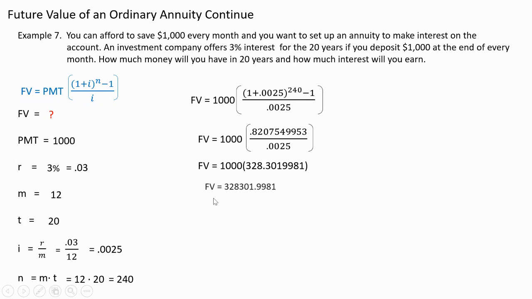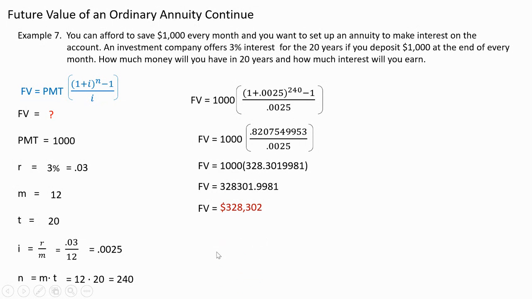Then you multiply it by 1,000, because that's how much you were depositing every month. So you're going to get $328,301.99, but this rounds up to $328,302. So this is how much money you have in 20 years.